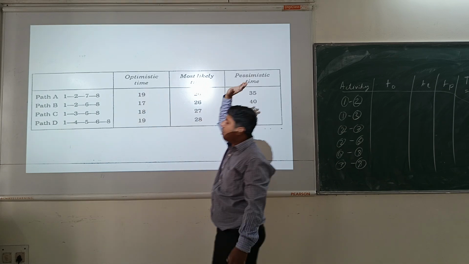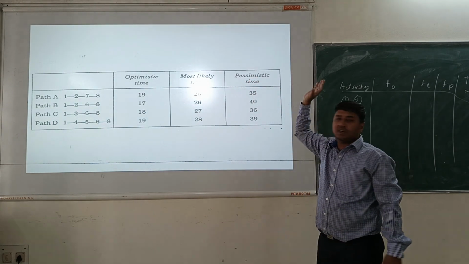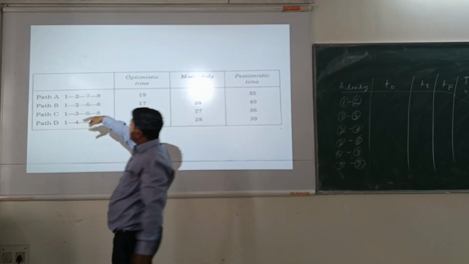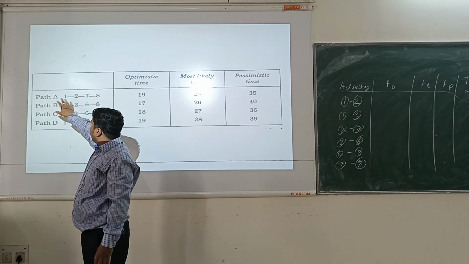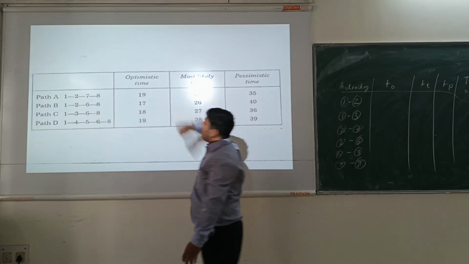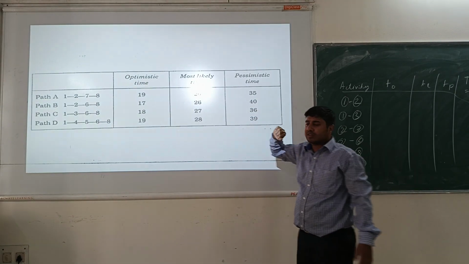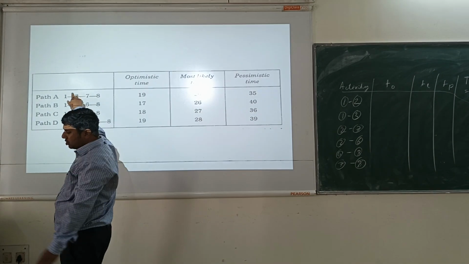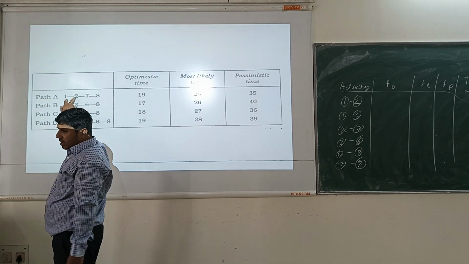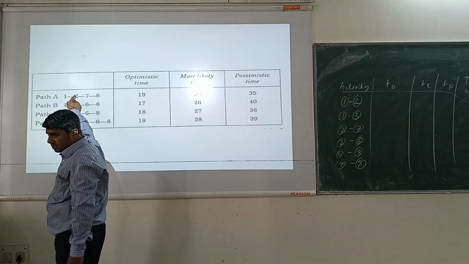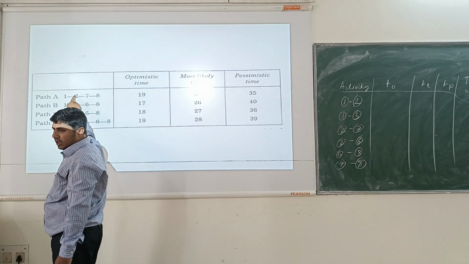It is the summation of all the optimistic times. Again for the most likely time, the middle time, do the summation of 1 to 2, 2 to 7 and 7 to 8. And for the most pessimistic time, do the summation too.